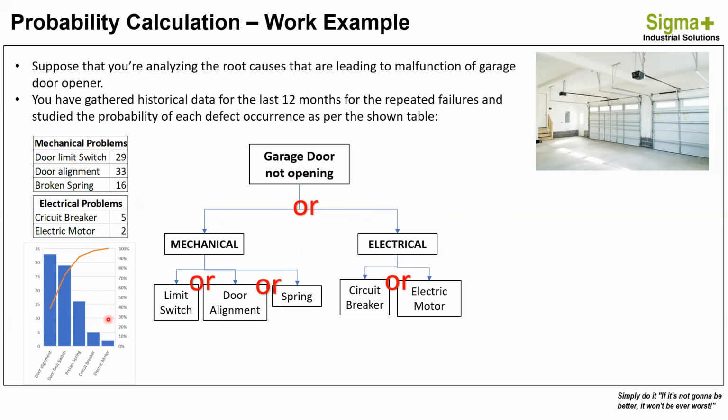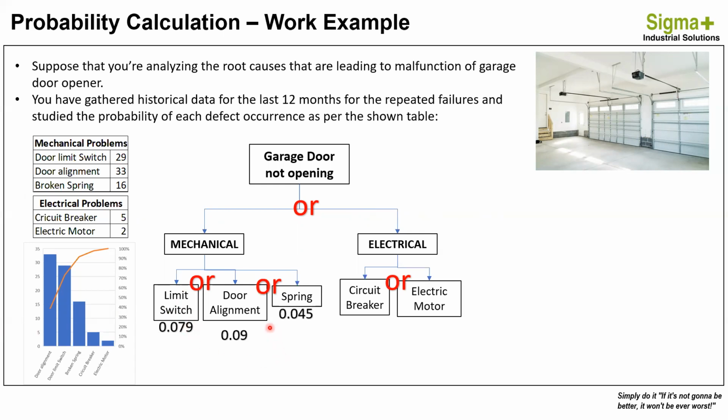Now, we can start to plot the empirical probabilities of the failure rate of the components, and we have calculated them for the mechanical problem. For the limit switch, it was 0.079, which is approximately 8% probability of limit switch failure within a year.